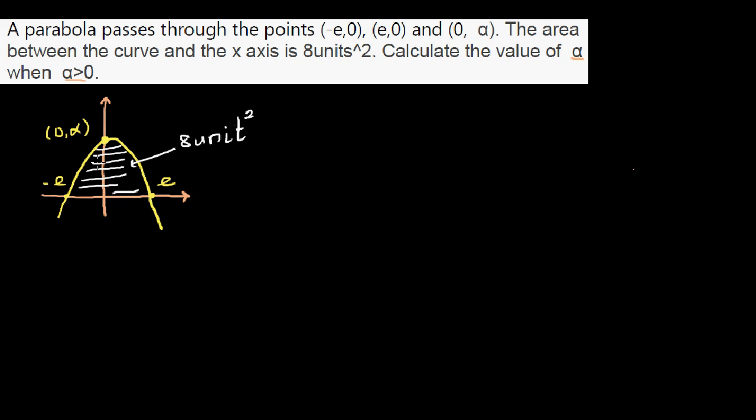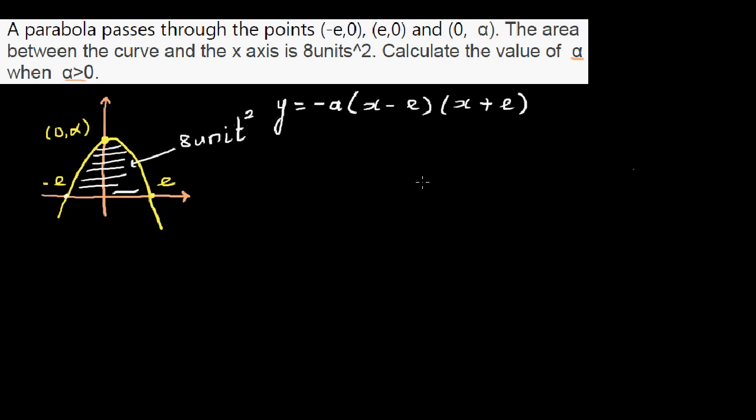Well, the area under the curve you can find using integration. So let's write the equation of this graph. It's an upside down parabola and we know the x-intercepts. So the equation of the graph would be y equals negative a, because it's an upside down parabola, times (x minus e) times (x plus e).